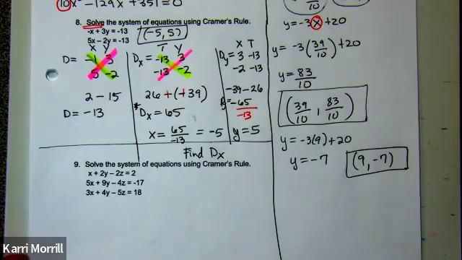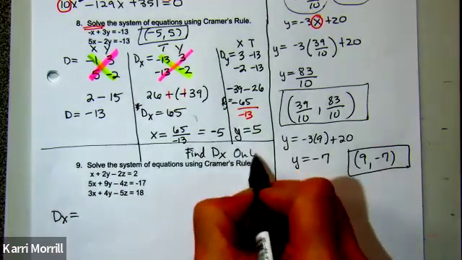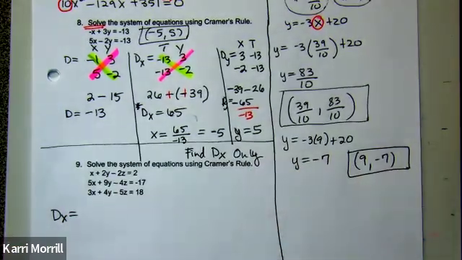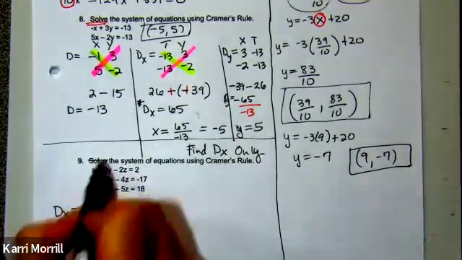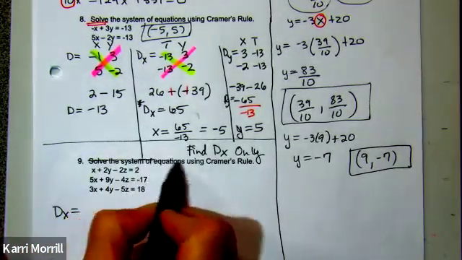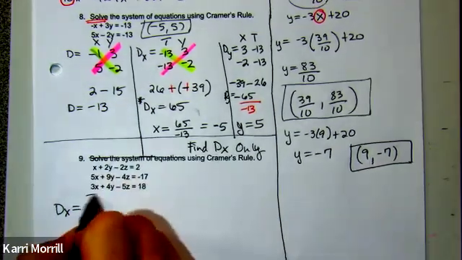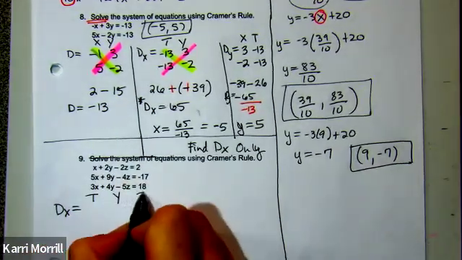So if I was finding Dx only, if those were the instructions and not to solve, which is what this says for now, we're going to find Dx using Cramer's rule. So we would be using our totals, then our y's, then our z's.